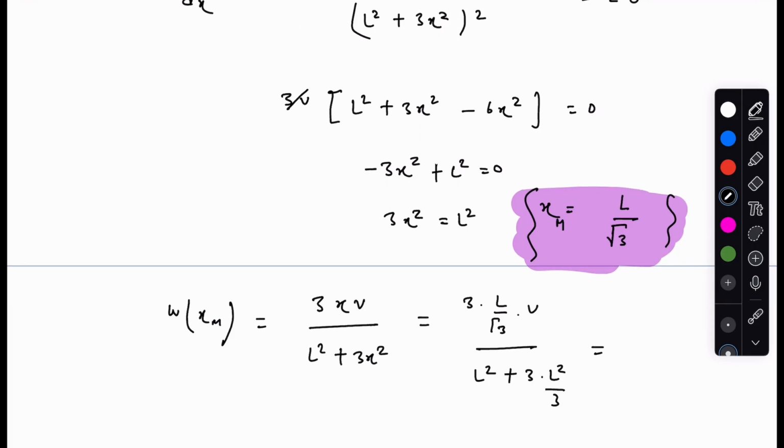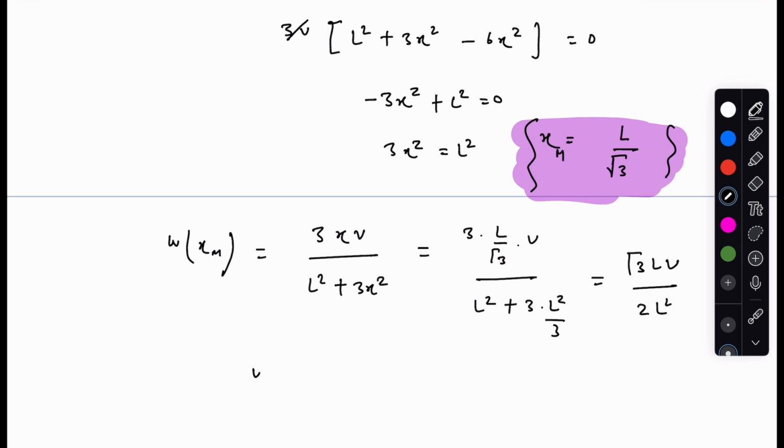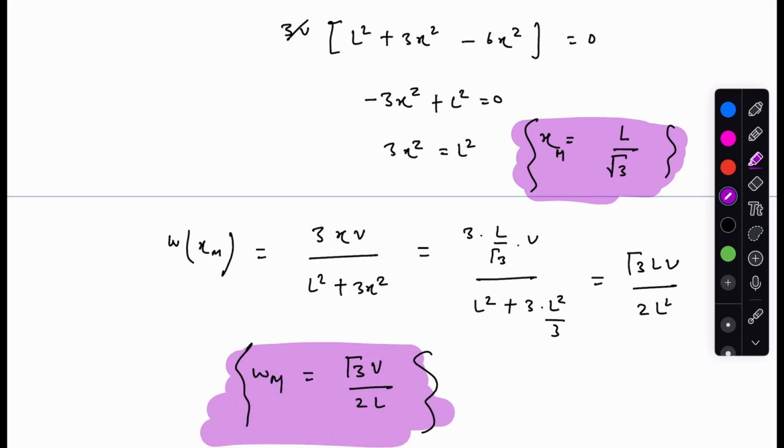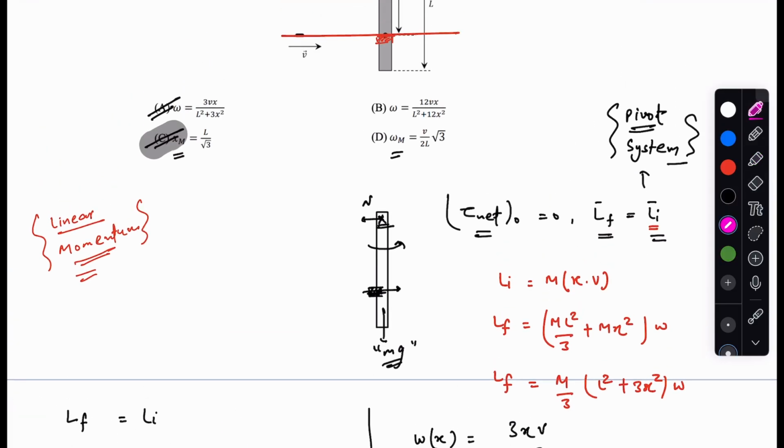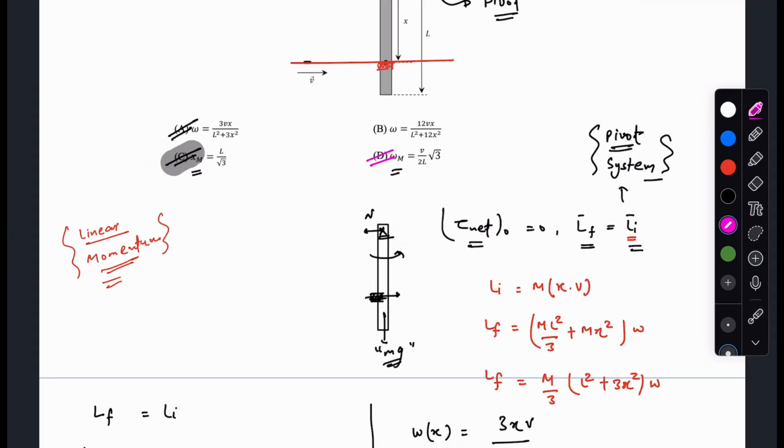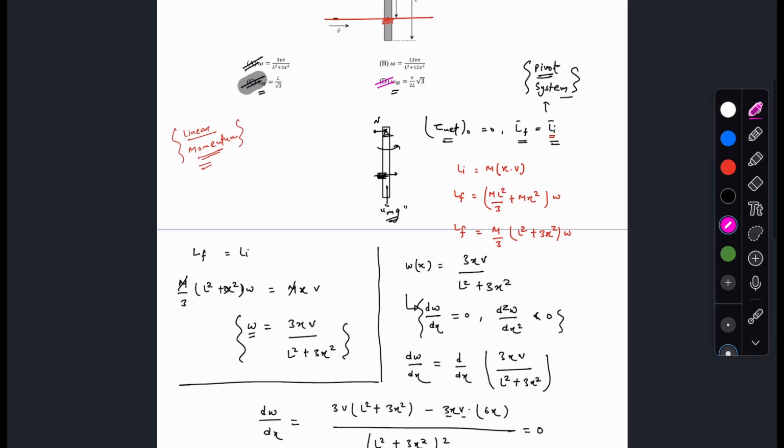So it is root 3 LV divided by 2 L square, which simplifies to root 3 V divided by 2L. This is the omega maximum, the maximum value of omega which we can achieve. So the fourth option is also correct. This is the solution for this question.